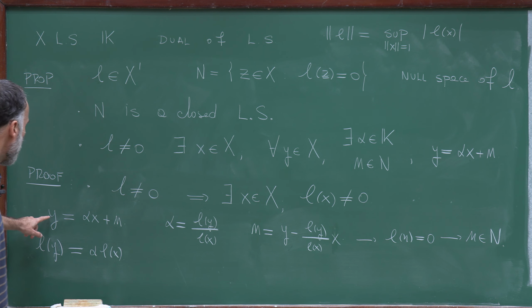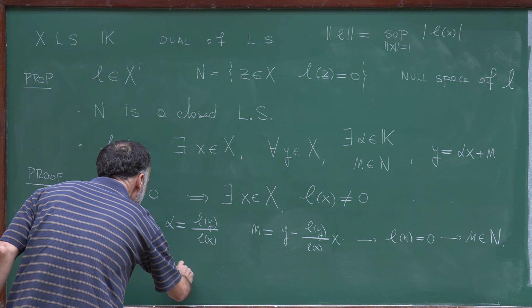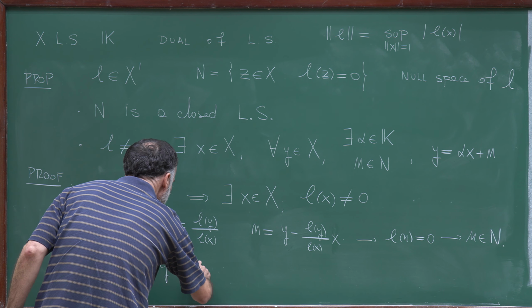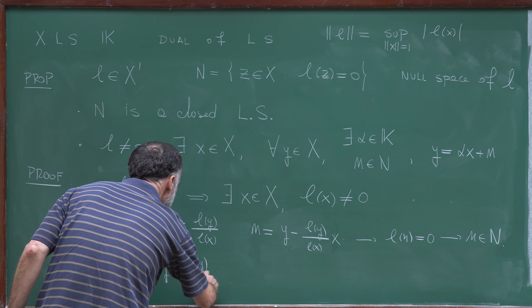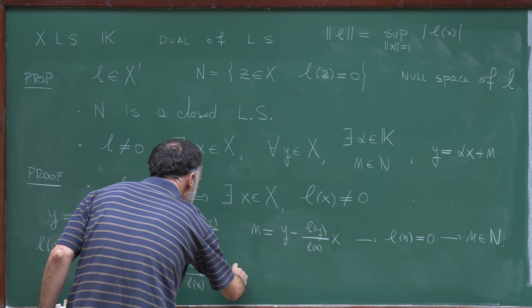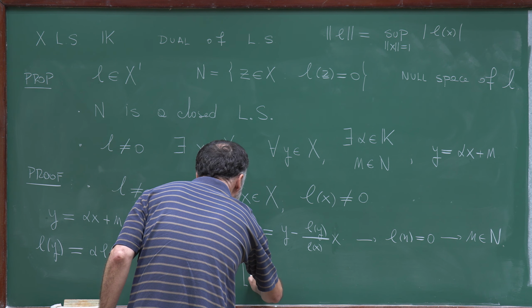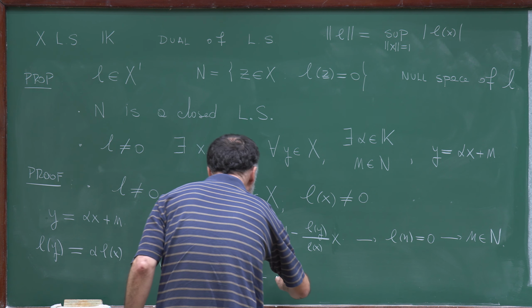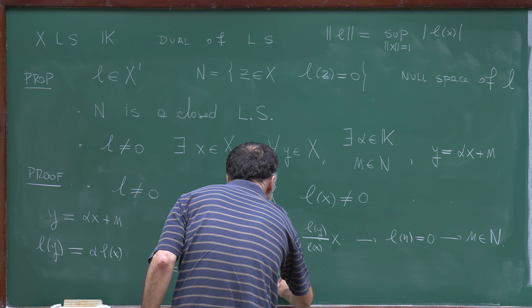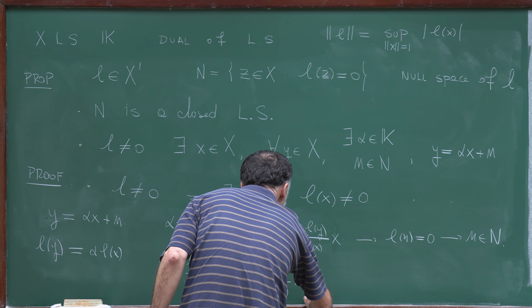So whatever y, I can write y as L of y divided by L of x, times x, plus n, but n is y minus L of y divided by L of x, times x.